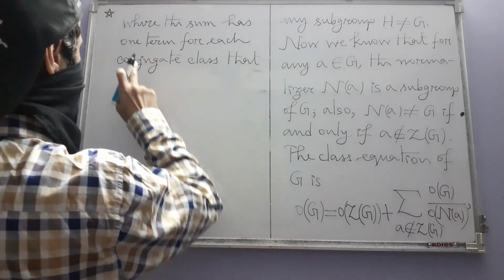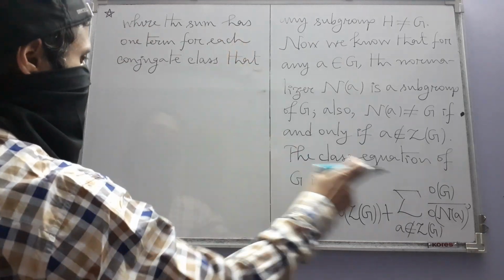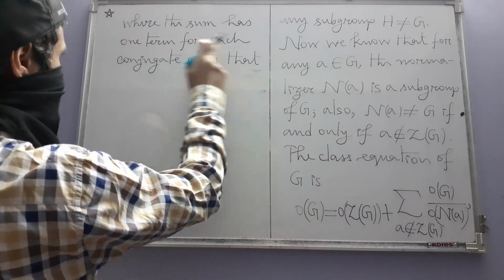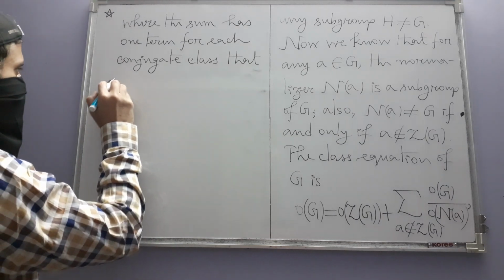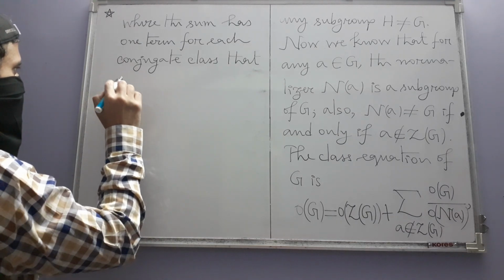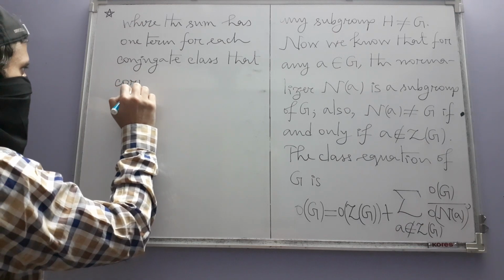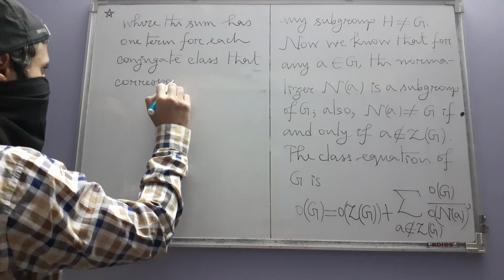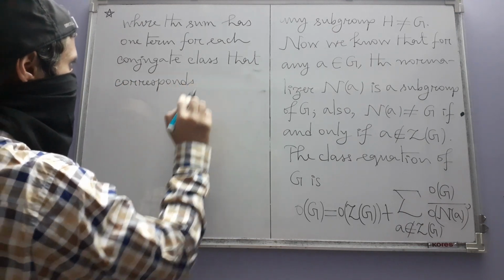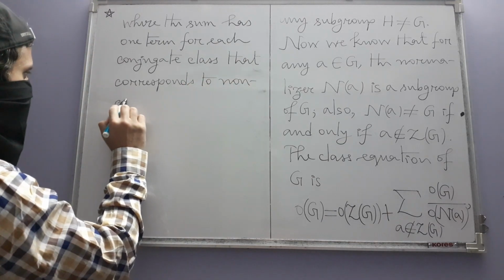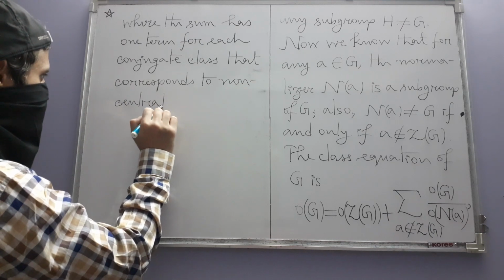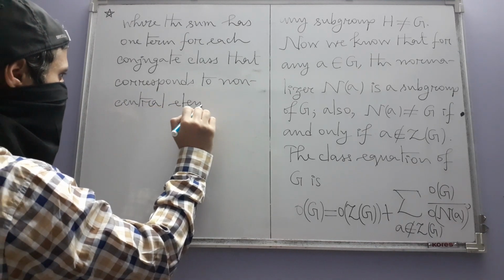Or more positively, I can write like this, where this sum has one term for each conjugate class that corresponds to non-central elements.